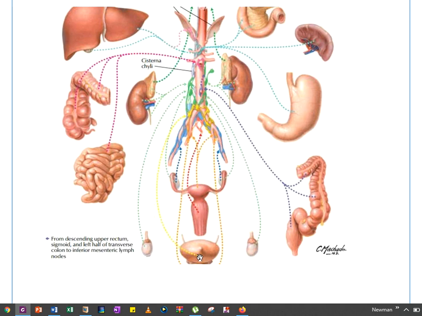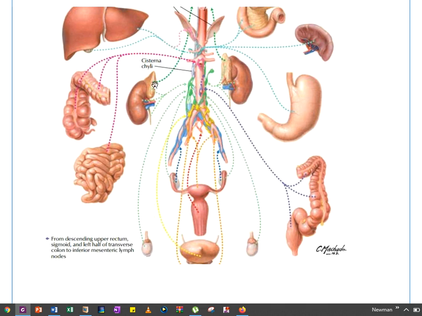You can see here they are demonstrating lymphatic drainage of uterus and the upper part of the vagina, which comes here around internal iliac vessels, and here at the level of common iliac vessels. So this is something that needs to be perceived and be clear in our mind, especially when we are talking about malignancies.